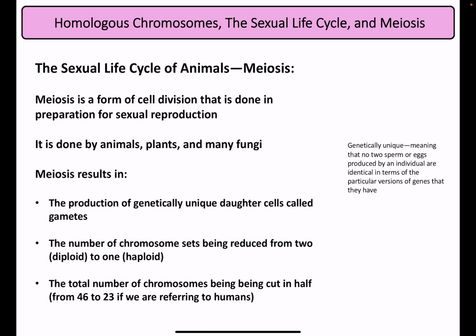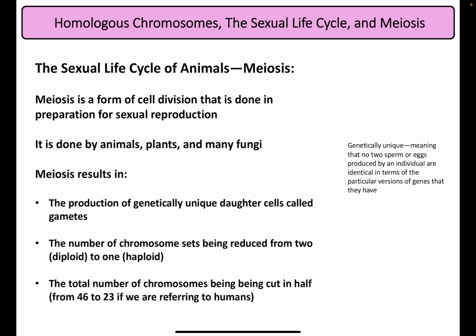If the cells in your body have 46 chromosomes, and let's say you did mitosis to produce sperm or eggs, so your gamete, your sperm or eggs, had 46 chromosomes. And same thing from the female. She produced a gamete that had 46 chromosomes. And then they fertilized. That would not work out.